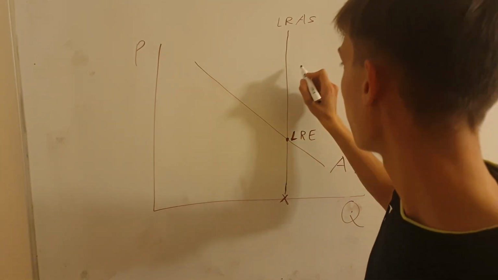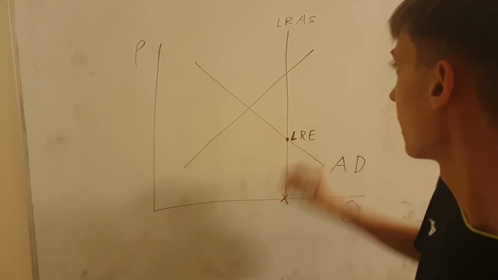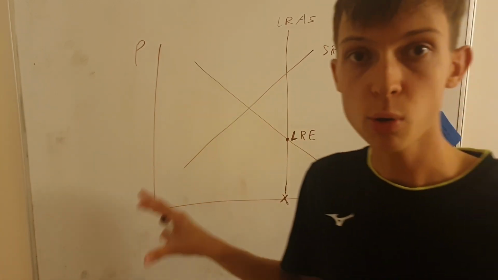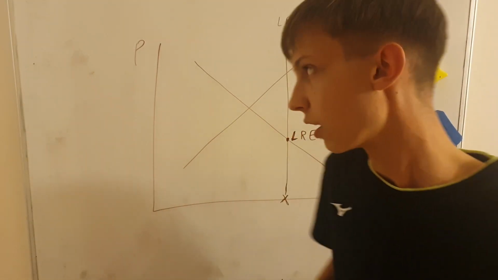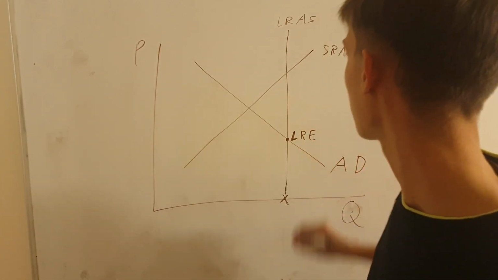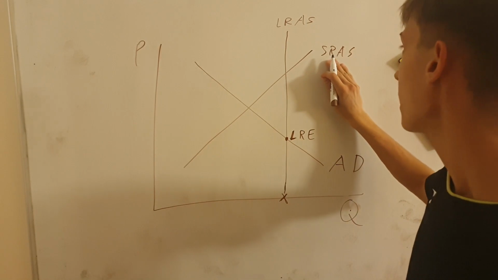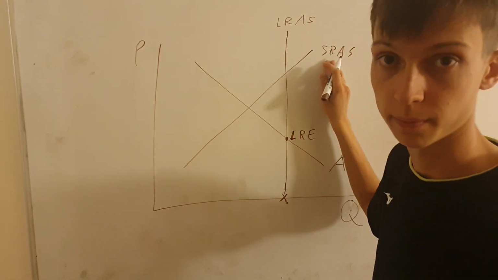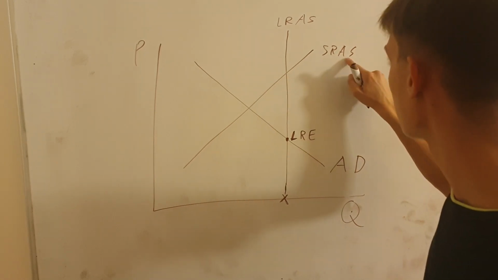So let's say we have this curve. I'll call it short-run aggregate supply. Let's say right now, for these 3 years, a certain imagined country is right here, because short-run aggregate supply is aggregate supply that only happens in the short run. Why do we have two aggregate supplies?